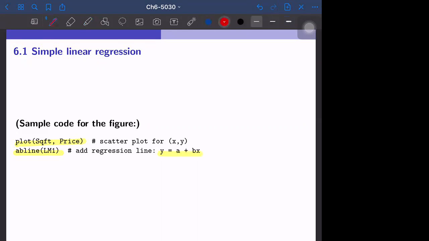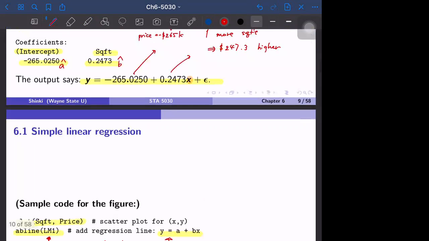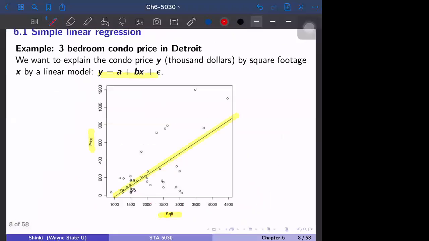The format is basically abline(a, b), and then you can make this line. But this is the linear model, so another way is just to put the name of the linear model. Then it automatically takes the intercept and the slope and adds the regression line on the scatter plot.